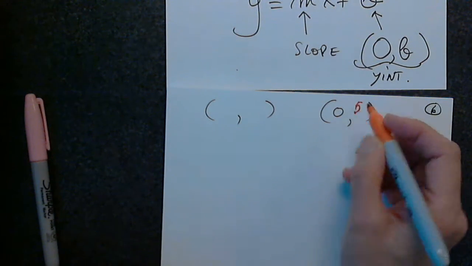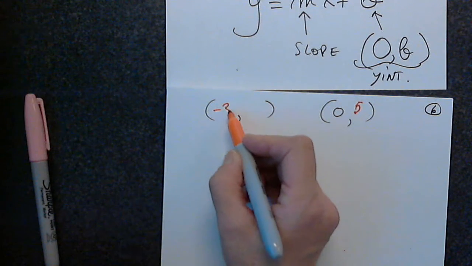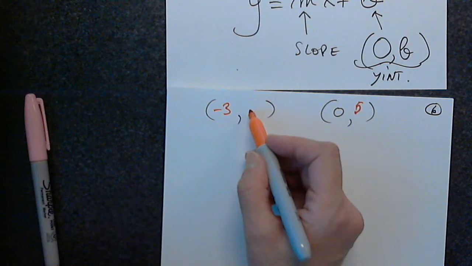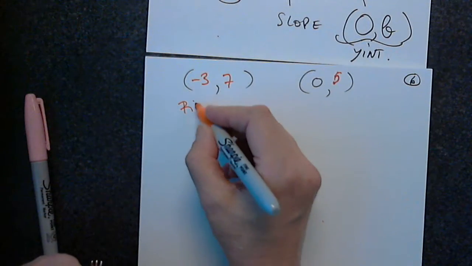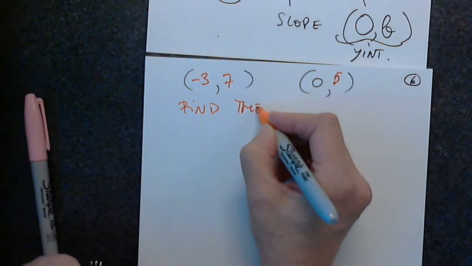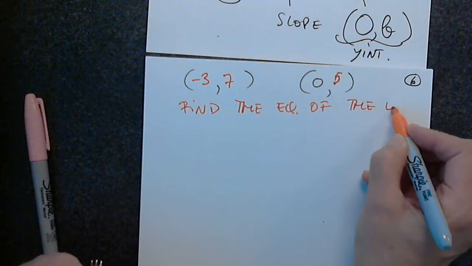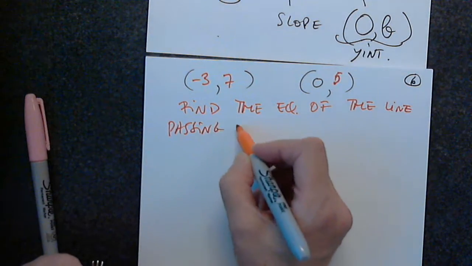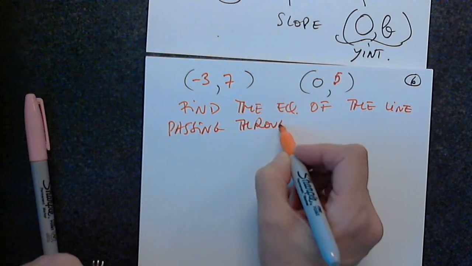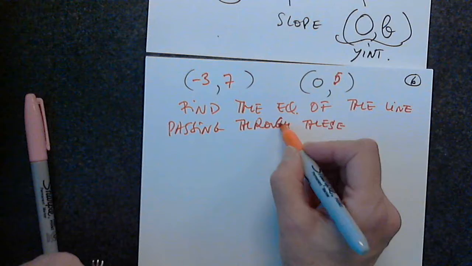Okay, 0, 5, and -3, 7. Excellent. This time we're asked to find the equation of the line passing through these two points.